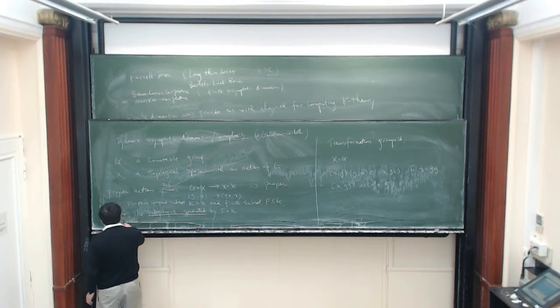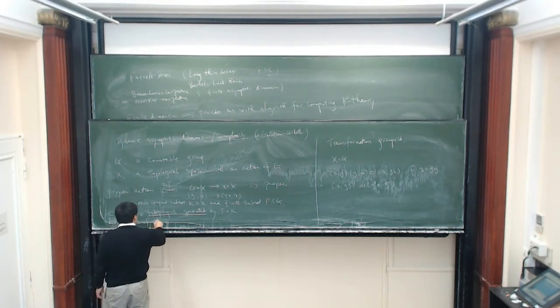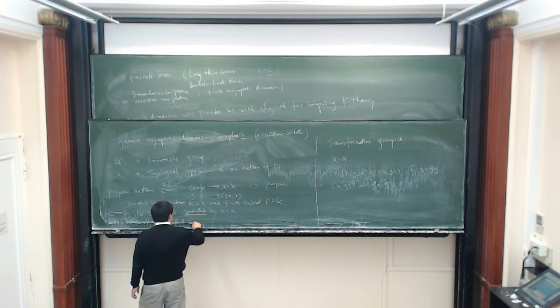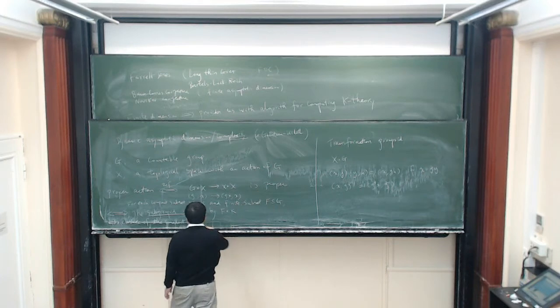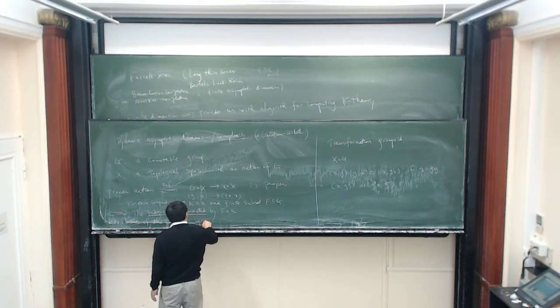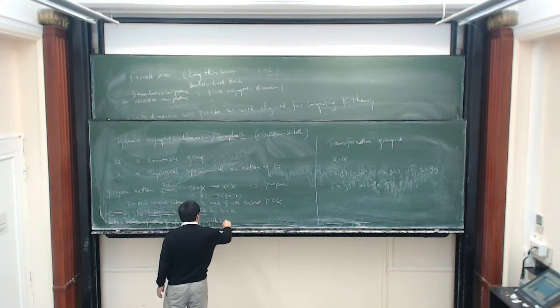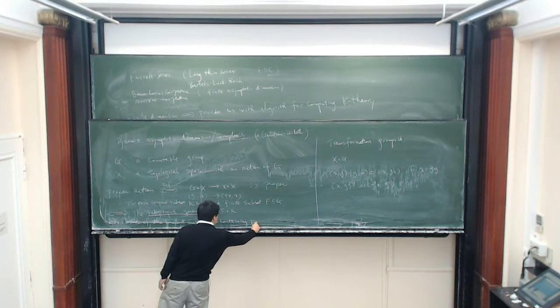So this is, by definition, the closure of the smallest subgroupoid of this, containing it.